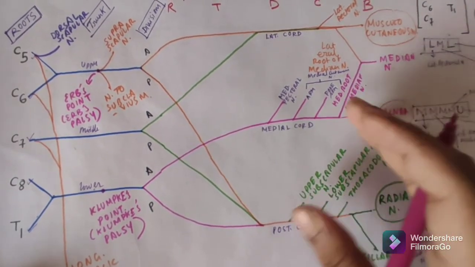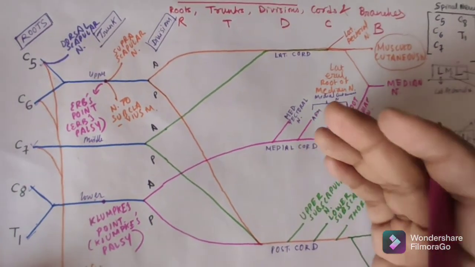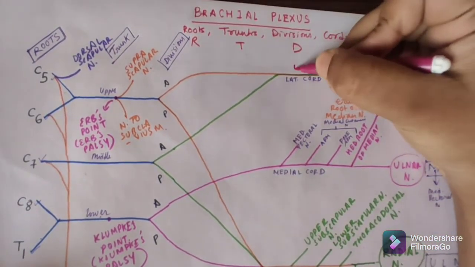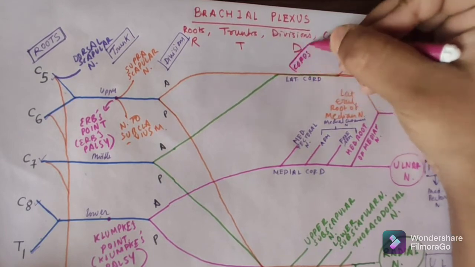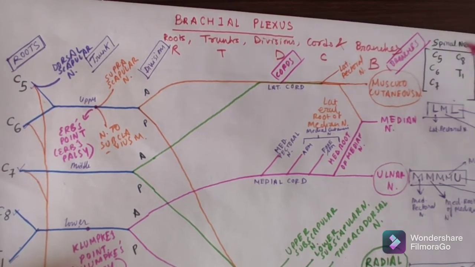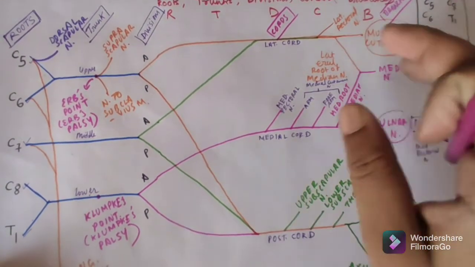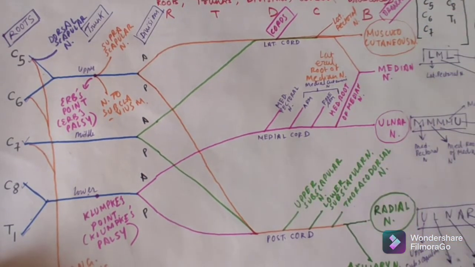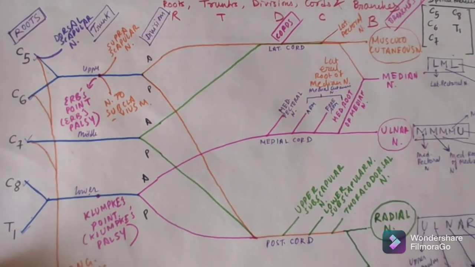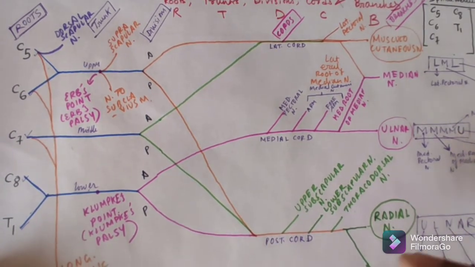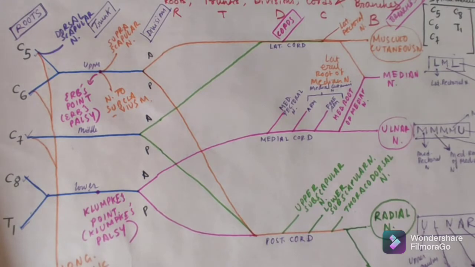Now the cords and branches of the brachial plexus. I didn't mention the cords, right? Here, see, these are the cords and these are the branches. Now the cords and the branches of the brachial plexus are generally named according to the second part of the axillary artery, so with reference to the second part of axillary artery, now these are named.